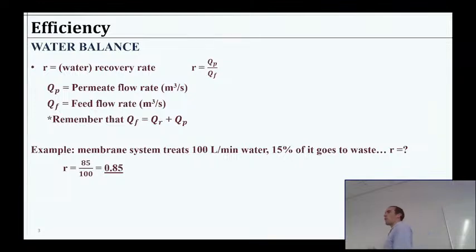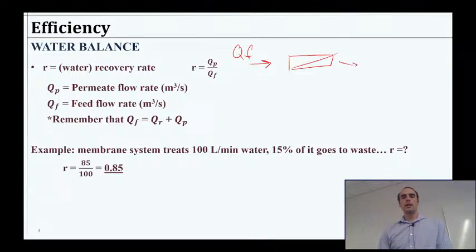We can also recognize that for a system where we have some membrane like that, we have a QF. We have some permeating flow crossing that membrane. That means we have probably some flow that's not crossing it, Q retentate.